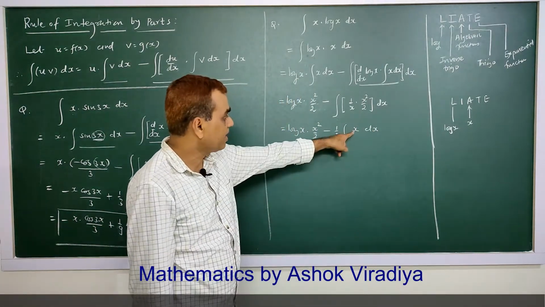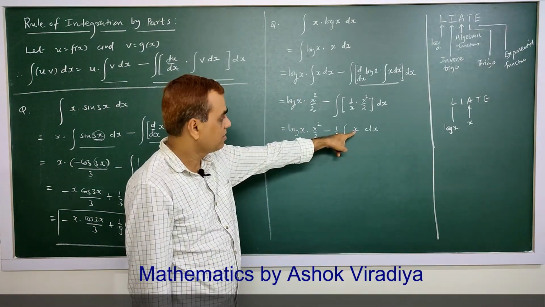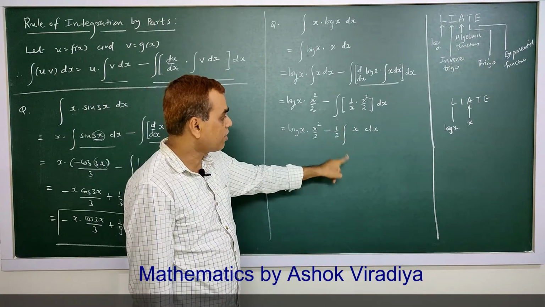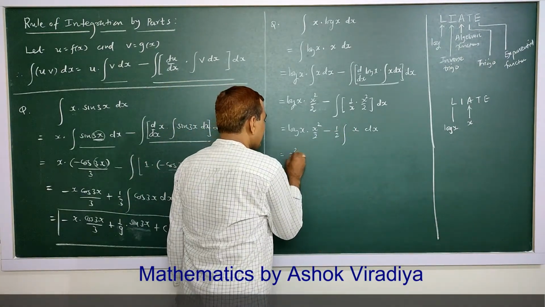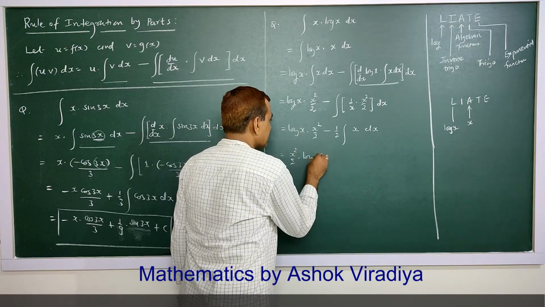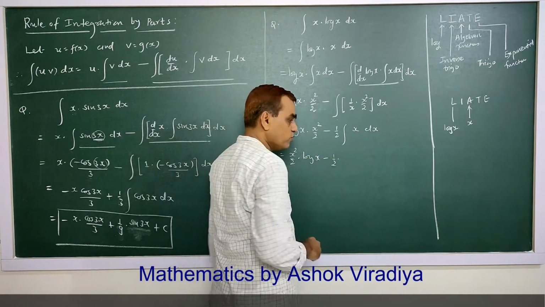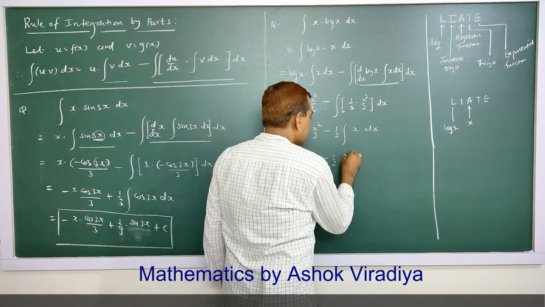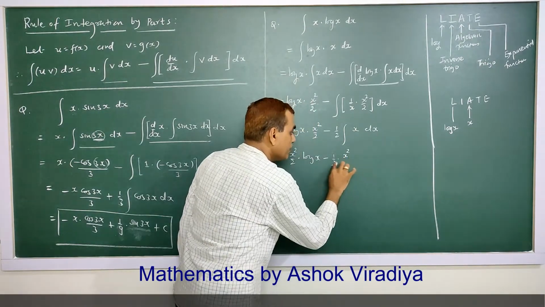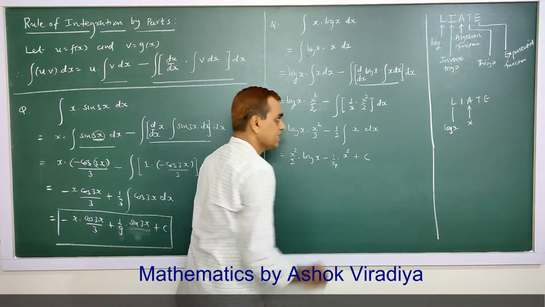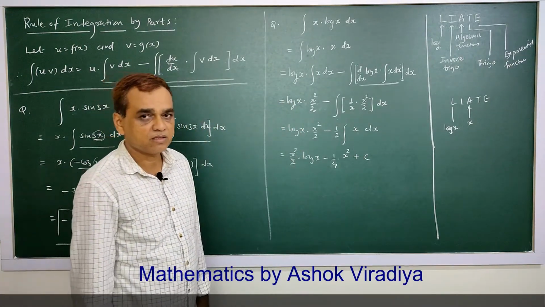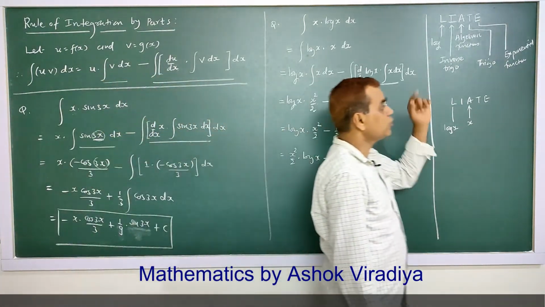Now see, simple integrable. So when removing this symbol, we will keep plus c. So it is equal to x square by 2 into log x minus 1 by 2 into integral of x, which is x square by 2, 2 into 2, 4, plus c. So sometimes this trick is useful.